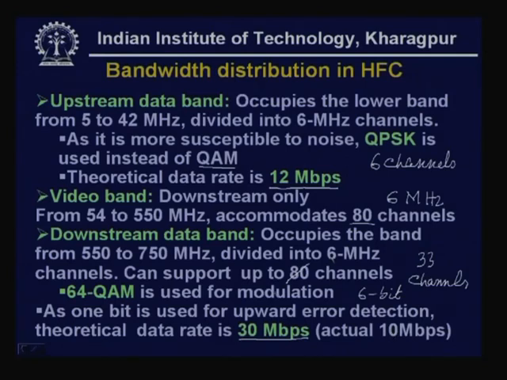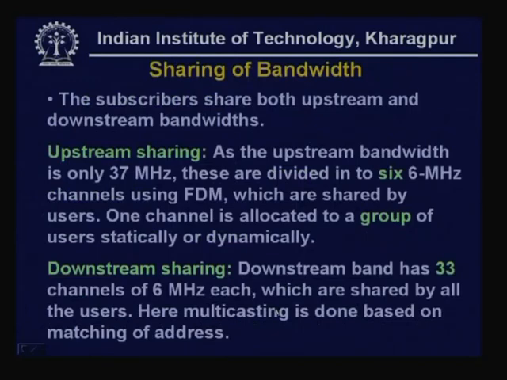So, we have seen how the 3 bands are used and how they are modulated by using QPSK and QAM. And obviously, the data that is being sent either in the upstream or downstream direction is shared.